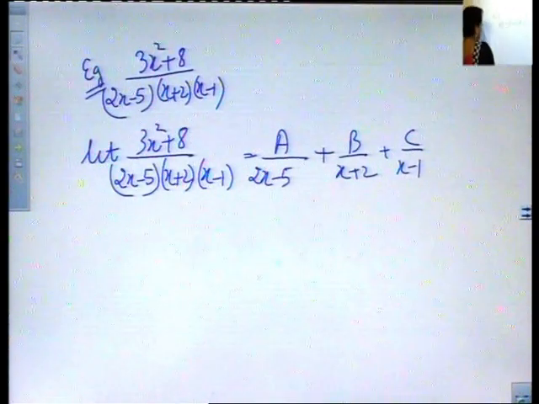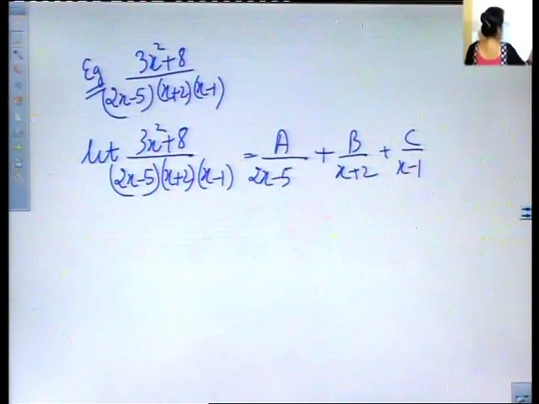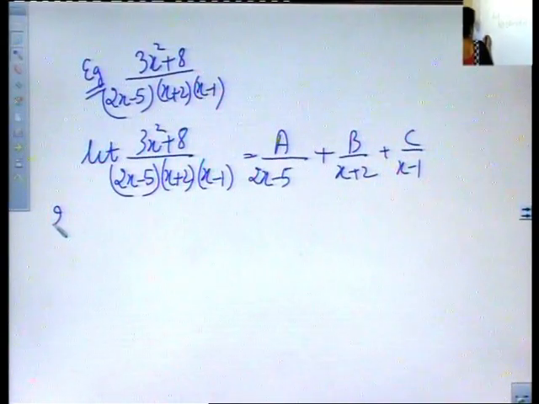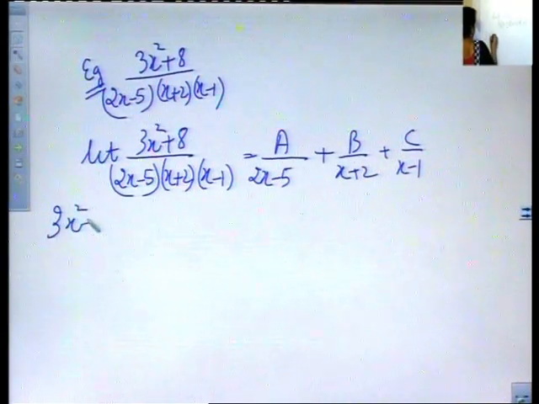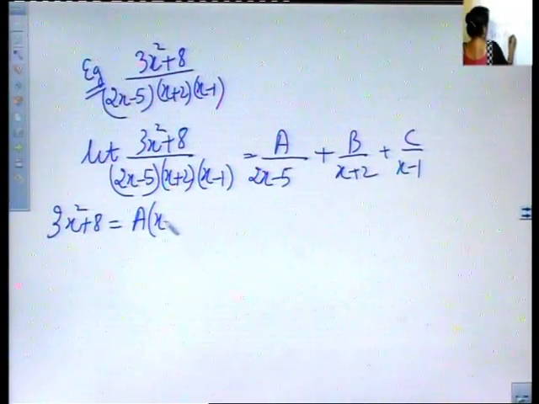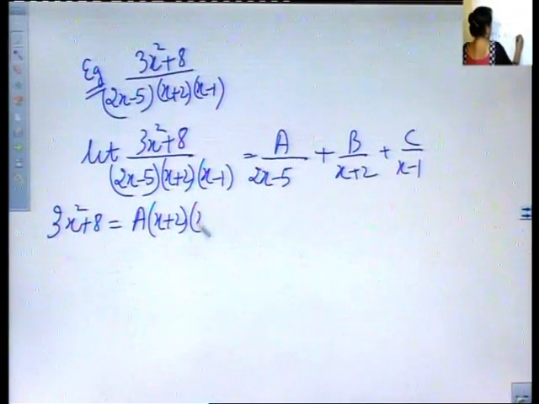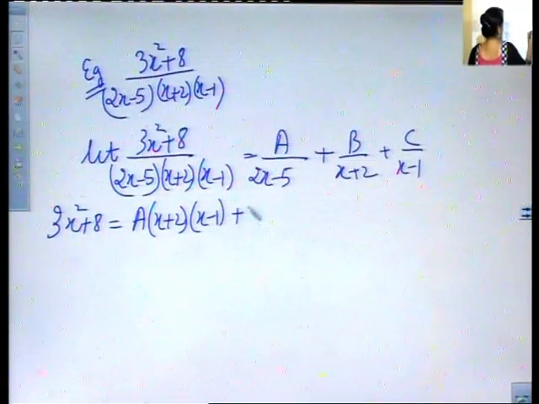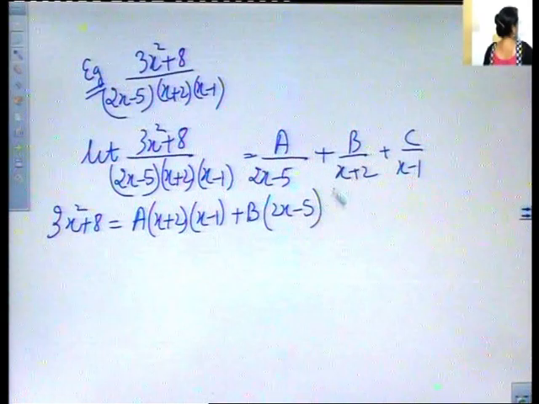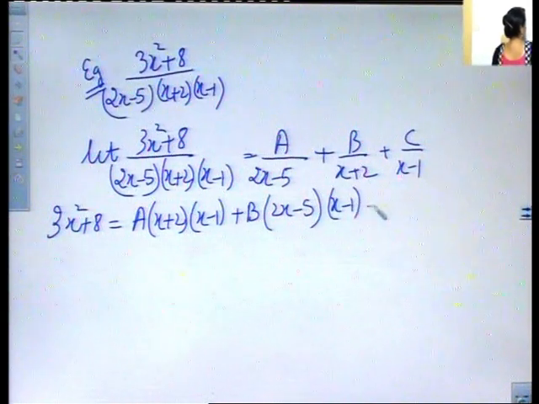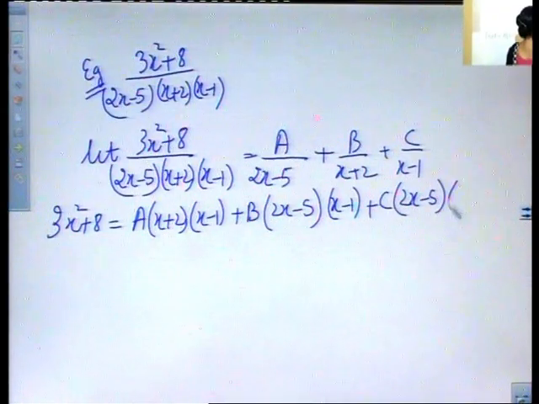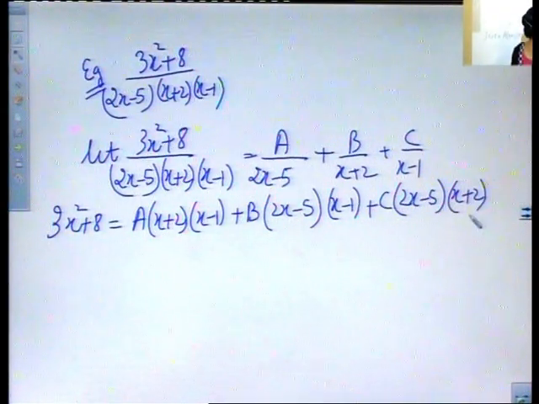So taking the LCM on the right hand side and cancelling the denominator on both sides, we get 3x square plus 8 is equal to a into x plus 2 into x minus 1 plus b into 2x minus 5 into x minus 1 plus c into 2x minus 5 into x plus 2.